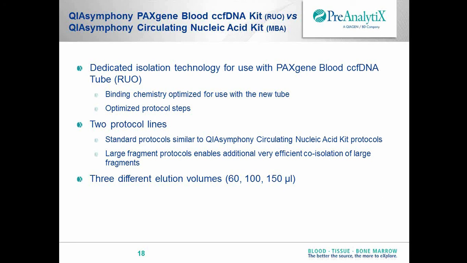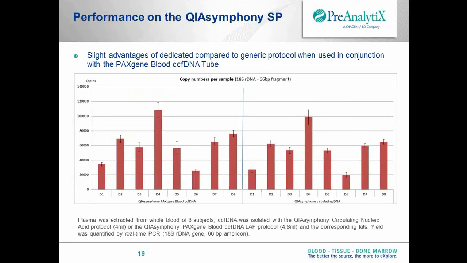So now coming to some data, comparing these 2 QIAsymphony ccfDNA isolation procedures. This is shown here in this graph. On the left part, you see the isolation with our new PAXgene Blood QIAsymphony kit, and on the right part you see ccfDNA isolated from plasma of the same donors from the PAXgene Blood ccfDNA tube with the generic kit, so the QIAsymphony circulating DNA kit. And if you look more closely at these bars here, you see that you have a slight advantage with respect to yield.